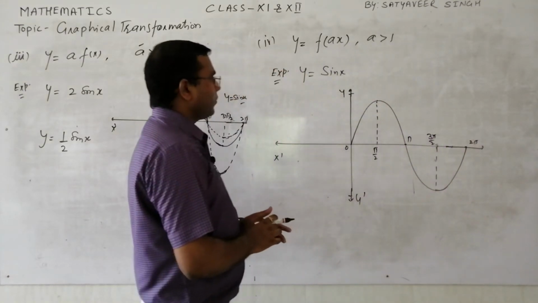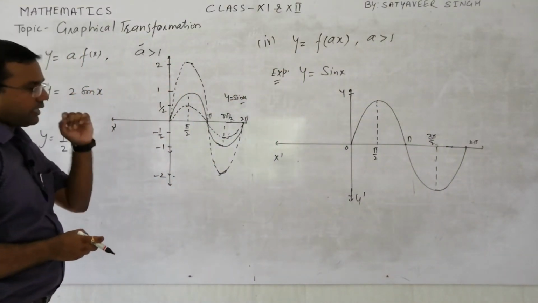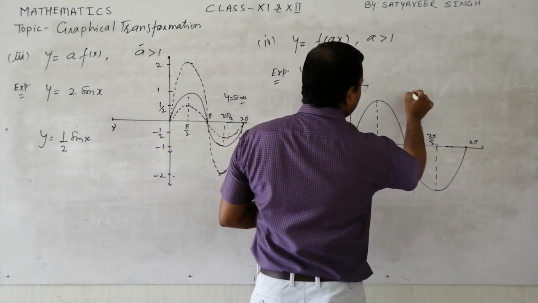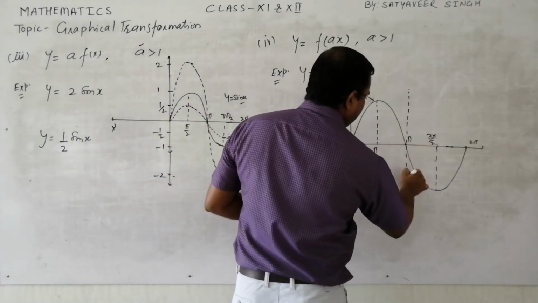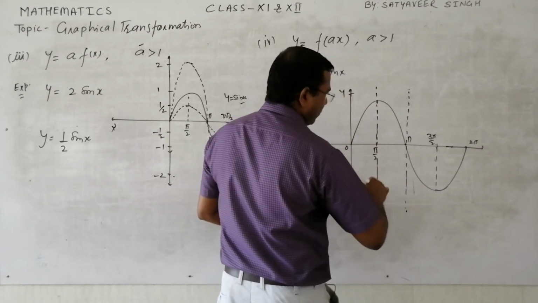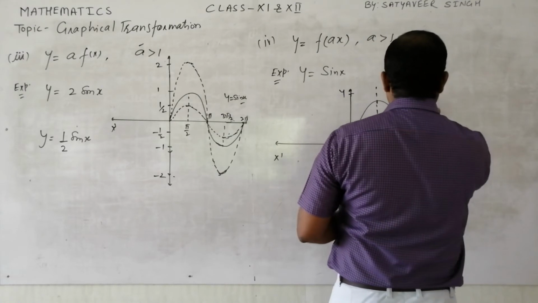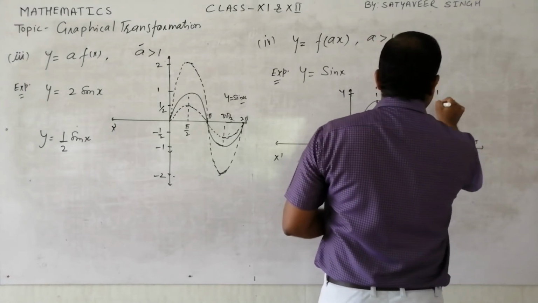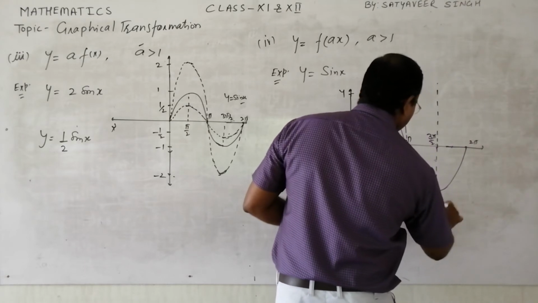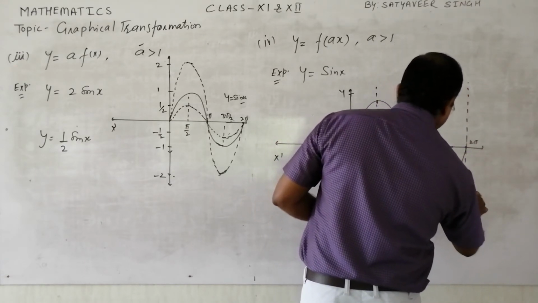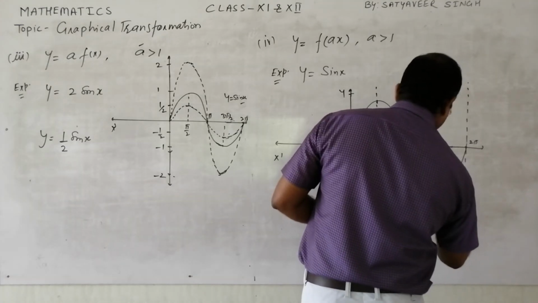So what happens whenever you multiply by any number a? Suppose I have drawn lines parallel to the y-axis from these points, so that you have some idea what changes take place if we multiply.